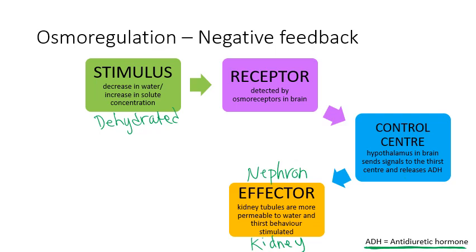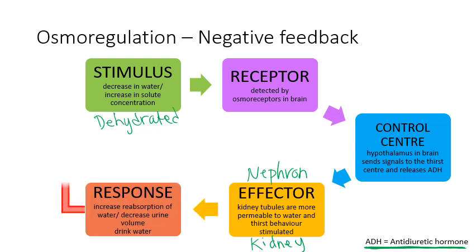The hormone, antidiuretic hormone, triggers the cells that are making up your nephron tubules, or your kidney tubules, to become more permeable to water. So that means that they will allow water to pass through them much easier than what they would have done previously.